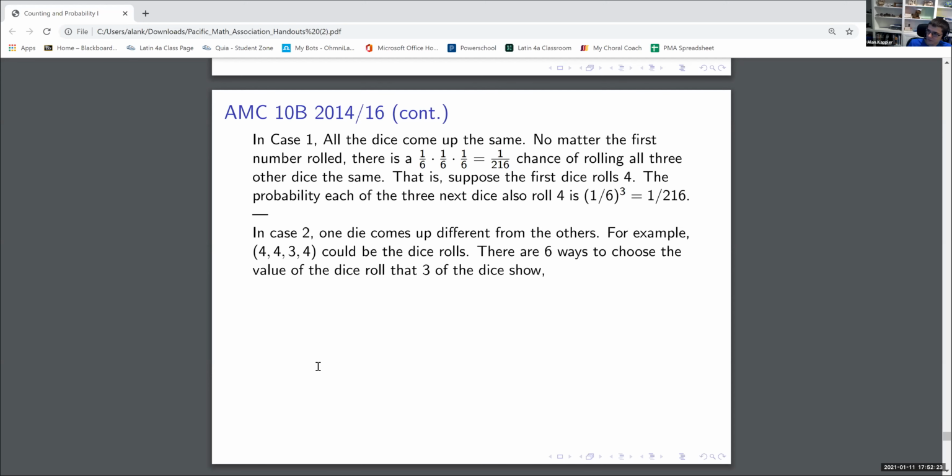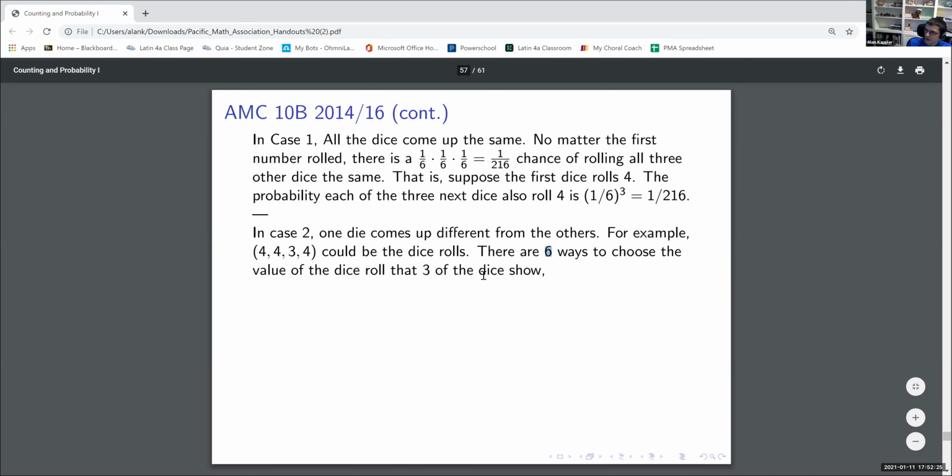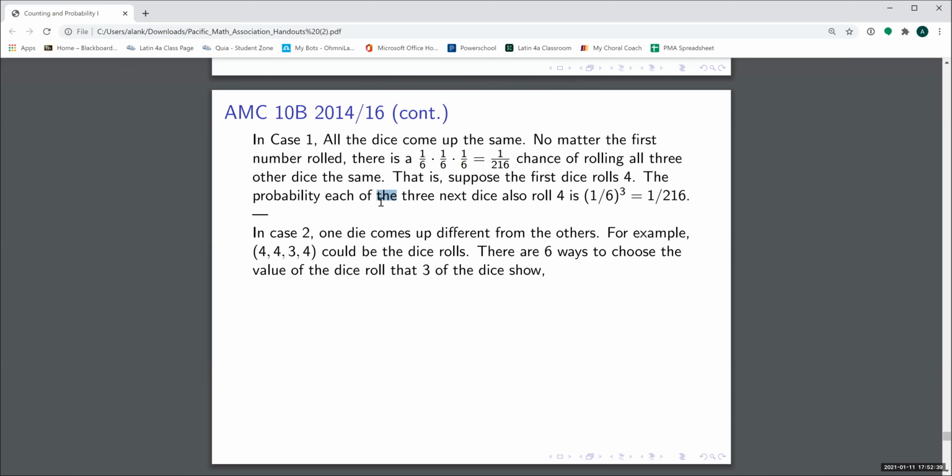So we have 6 ways to choose the value of the die roll that the 3 dice show. Wait, shouldn't case 1 be 1 over 6 to the power 4? There are 4 dice, but remember that in addition to 1, 1, 1, 1, there's 2, 2, 2, 2, and so on.